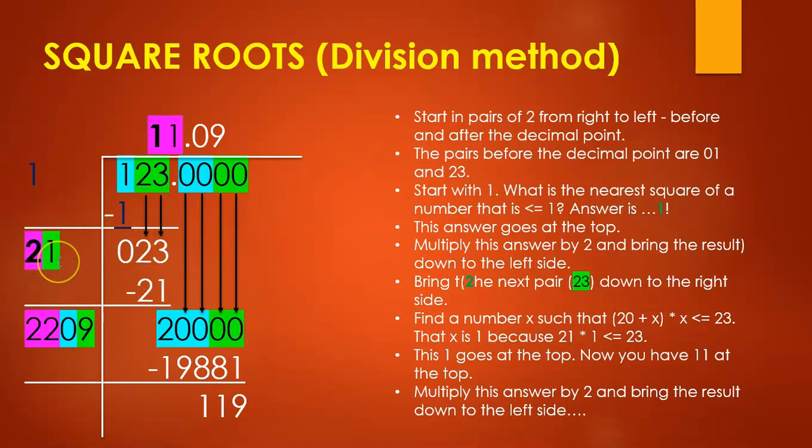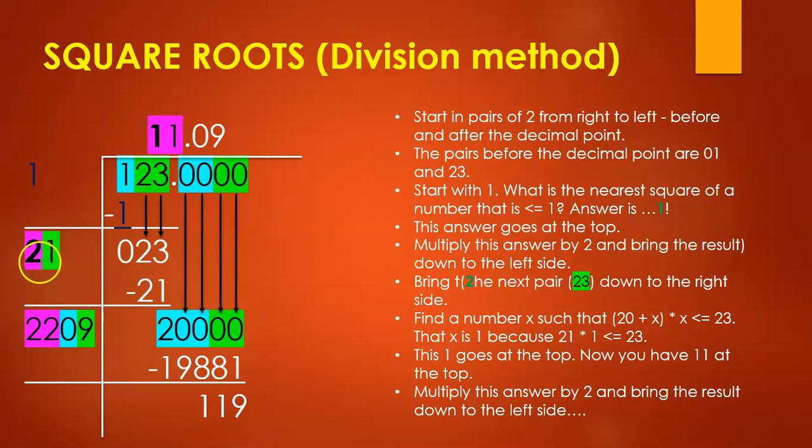21 times 1 is 21, and that is less than 23, right? Yes. Now we can also look at 22 times 2, but 22 times 2 is 44, and 44 is not less than 23. So the answer is 1, right? Once we have determined that 1 is the right answer, we put that 1 again on the top.